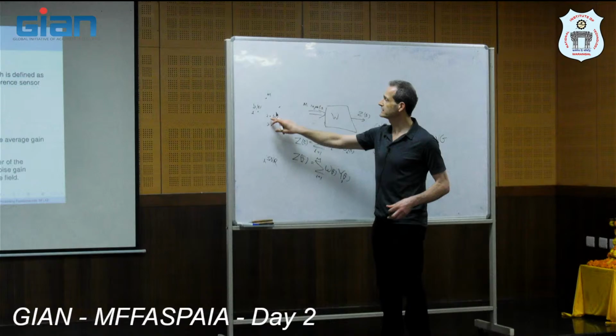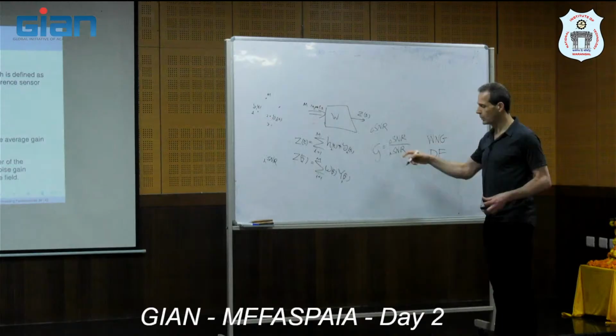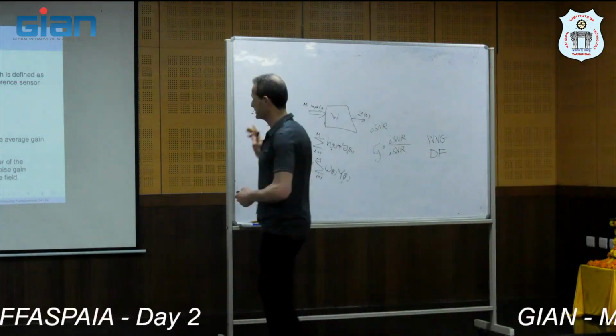Another definition is the directivity factor, which means the array gain when the noise is diffuse noise. It comes from all directions with the same power. So these are definitions.